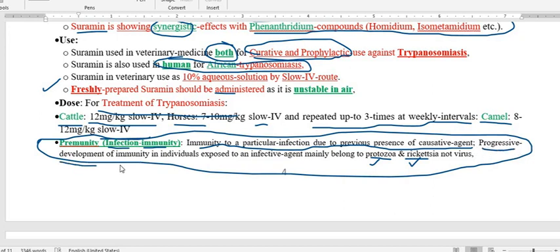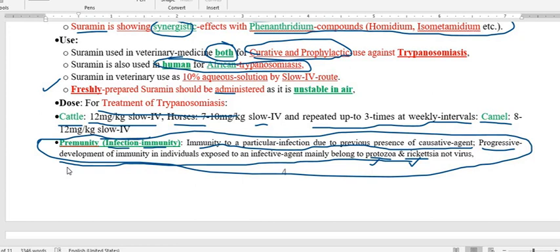So immunity to a particular infection due to the previous presence of the causative agent, or progressive development of immunity in an individual exposed to an infective agent like protozoa and rickettsia, is called premunition. Some drugs, particularly those we use for Babesia, do not kill all the protozoa.